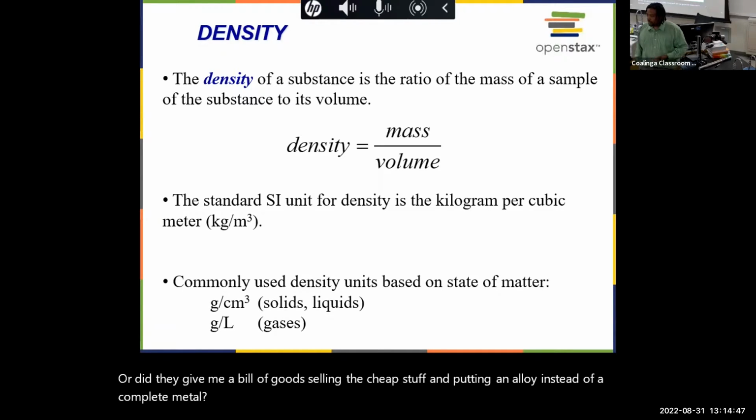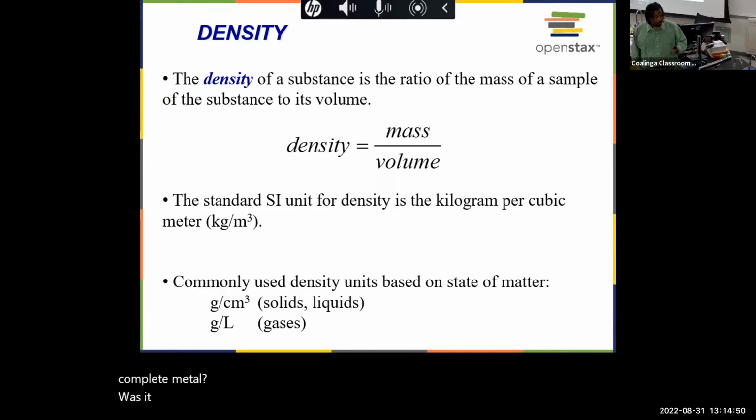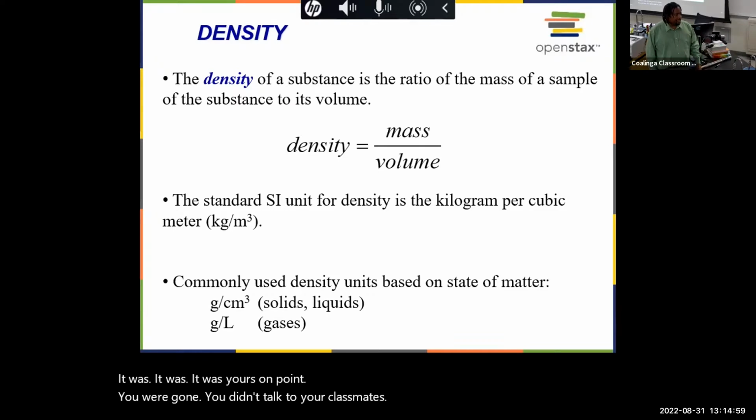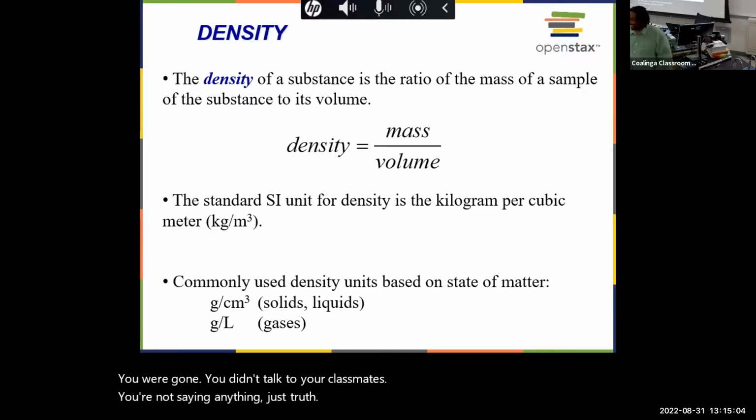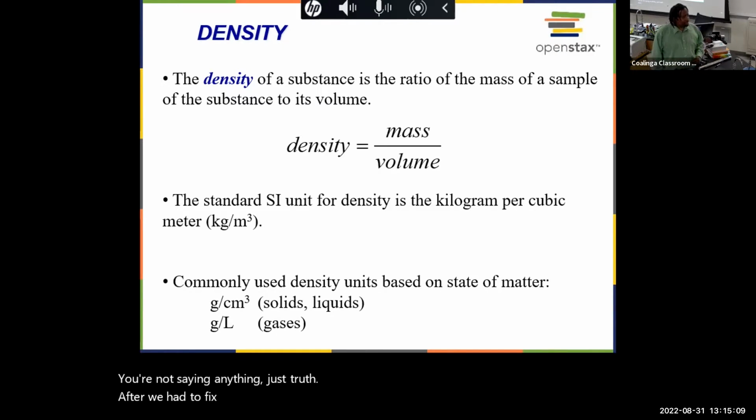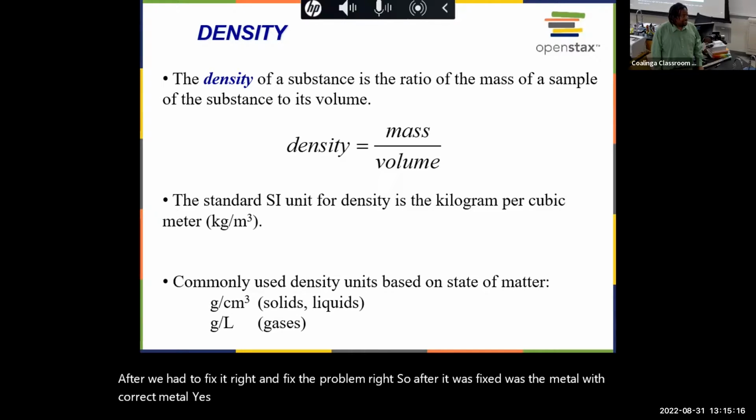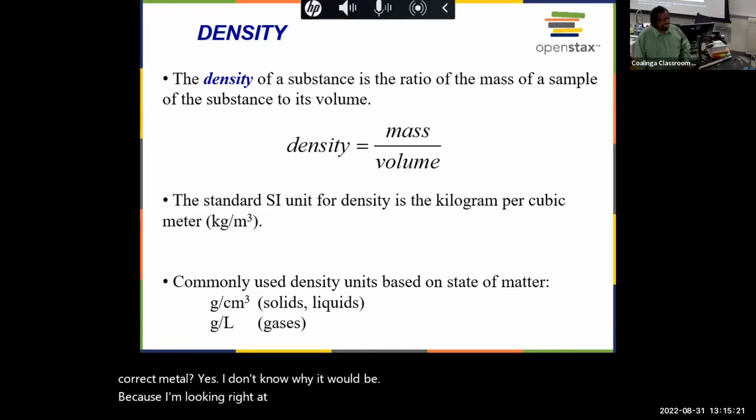Yes, measured it. Was it on point? Was yours on point? I did that part. Yeah, you were gone. But you didn't talk to your classmates? We did it right, after we had to fix it. We fixed the problem, right? So after it was fixed, was the metal the correct metal? Yes. I don't know why I'm being singled out. Well, because I'm looking right at you, right?